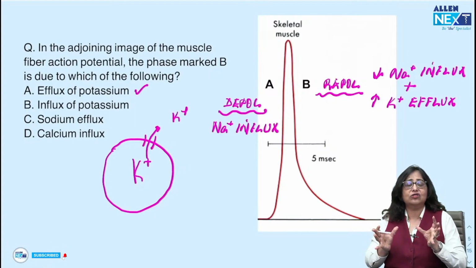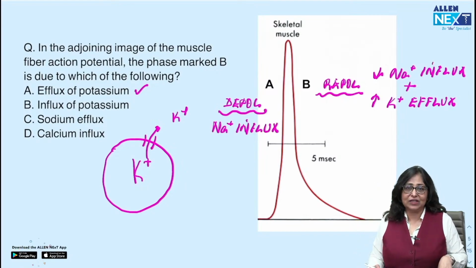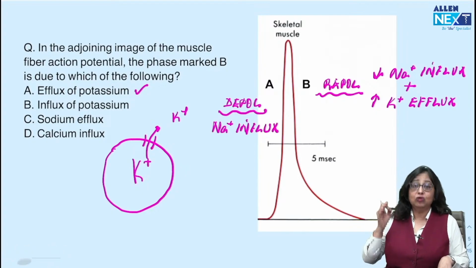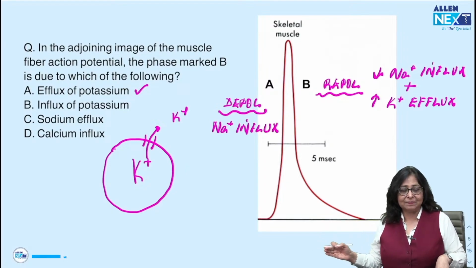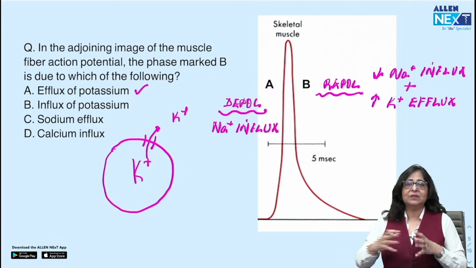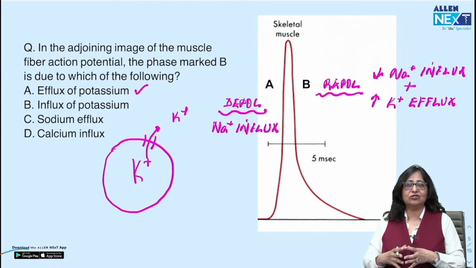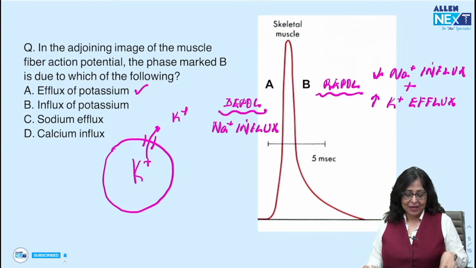You have a higher concentration of potassium inside the cell, lower concentration outside the cell. So it's always an efflux of potassium through voltage-gated potassium channels. Of course, movement of potassium from inside to out against a concentration gradient would involve a pump, the sodium-potassium pump, right?